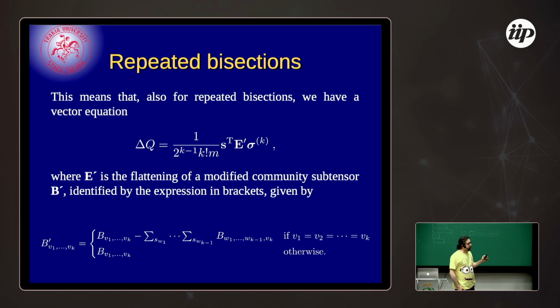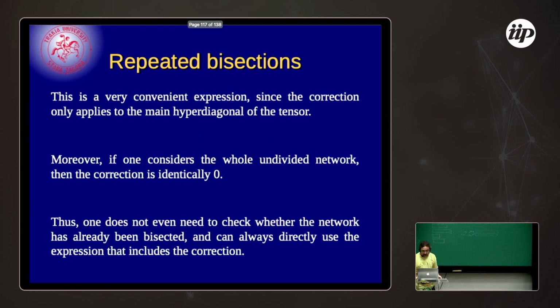Regardless of the dimension of your higher order network, you still only have to correct n elements. This is, again, a correction of O of n, not O of n to the k or a factorial or something like this. So it's a small correction, and this is good. Not only that, if you haven't yet divided the network, if you are in the very beginning, that correction is identically zero. It vanishes, which means you don't even need an if in your program.